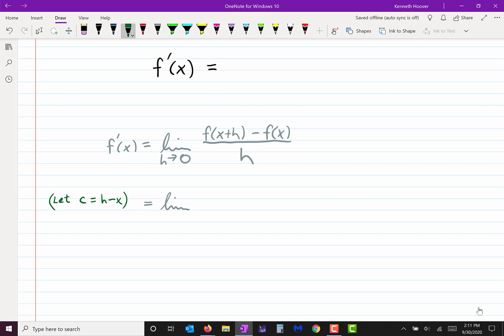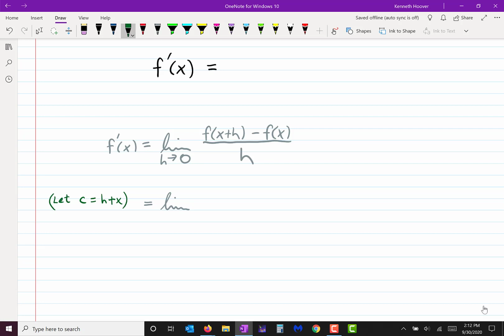And so h minus x exists. And if I choose to, I can give that any name that I want, and I'm choosing to call it c. So if c equals h minus x, then that means... Oh, hang on one second. I'm sorry, I meant to say h plus x. Sorry about that. Okay, so got that fixed.